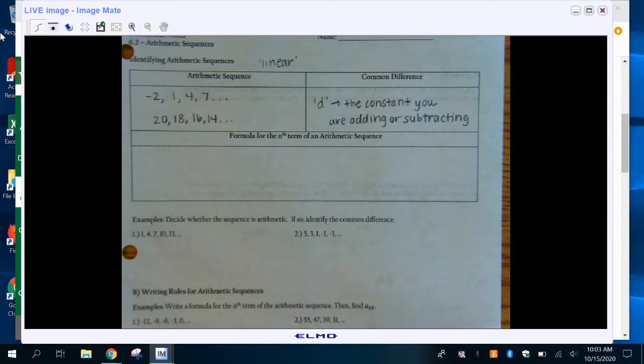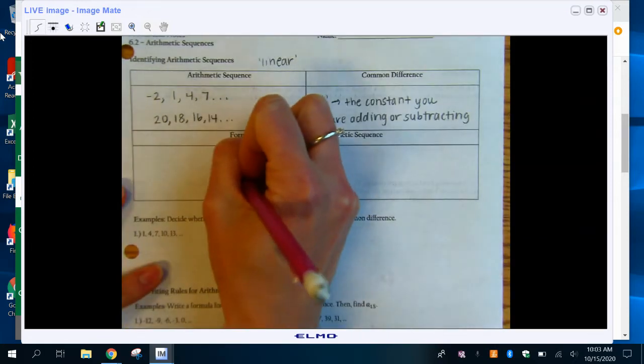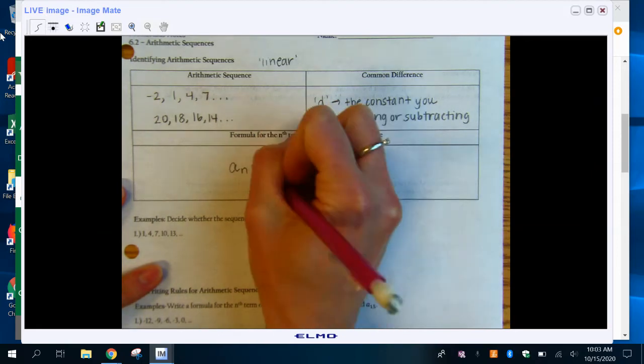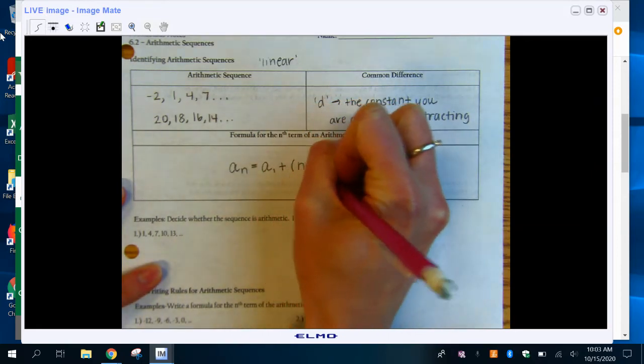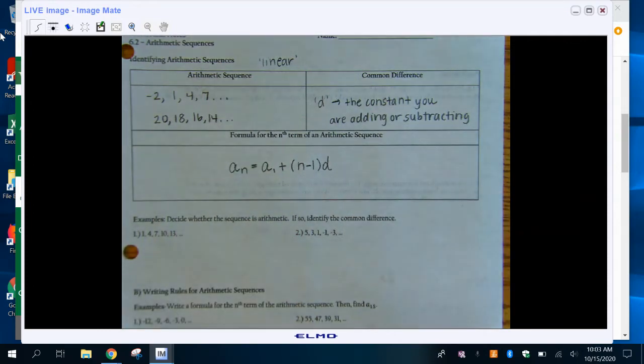So the formula that we are going to use to write what's called the nth term, so that just means we can use that equation to find any term in our sequence, is a sub n equals a sub 1 plus n minus 1 times d.